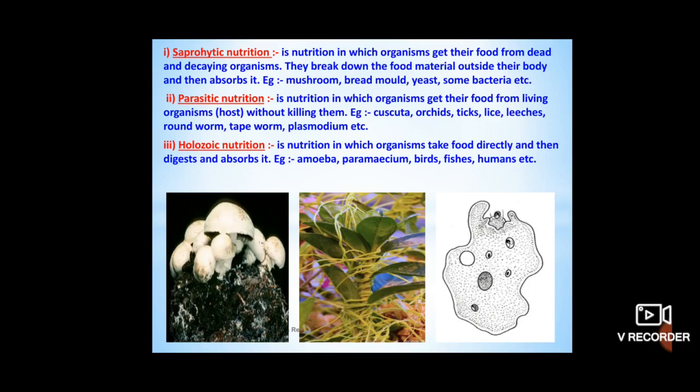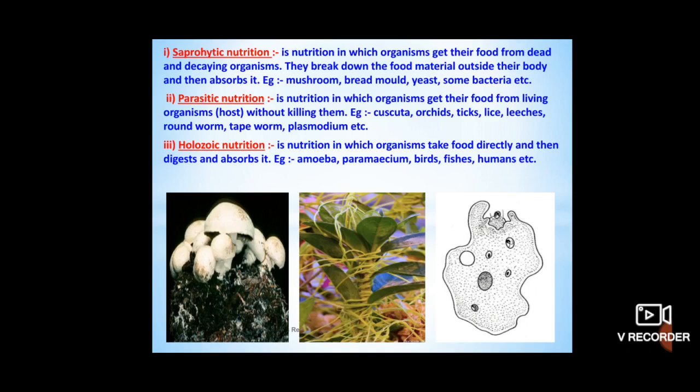Here, the process of nutrition takes place with the help of dead and decaying organisms. That we can say is the saprophytic mode of nutrition. The best examples are mushroom, bread mold, yeast, and some bacteria. Then what do you mean by parasitic nutrition?